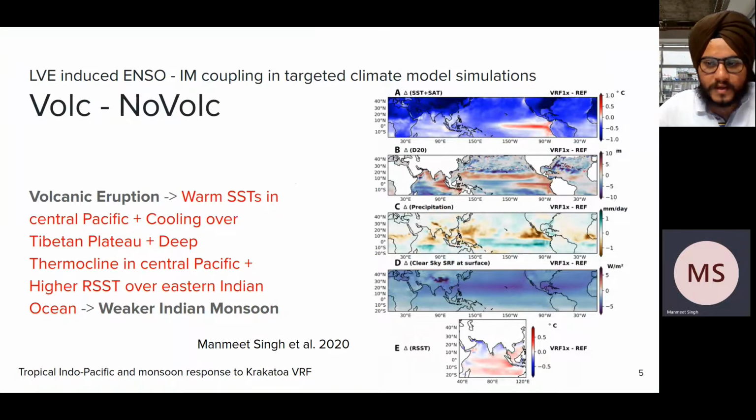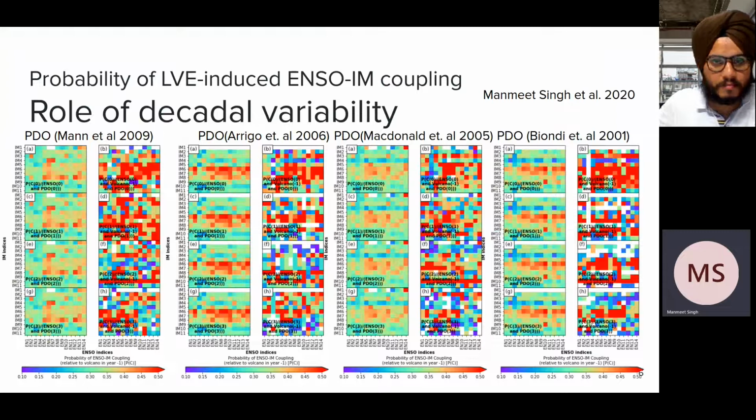We also went 2000 years back in time, up to the last millennium, taking 14 different ENSO indices and 11 different Indian monsoon indices, and established that the probability of coupling of ENSO and the monsoon enhances with the PDO.